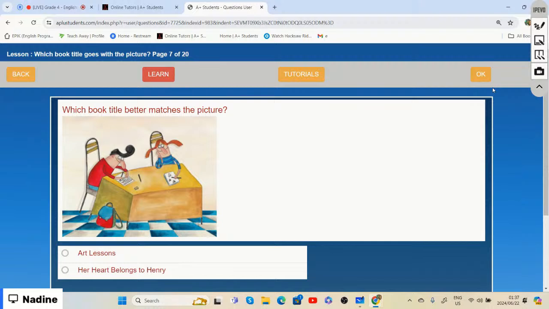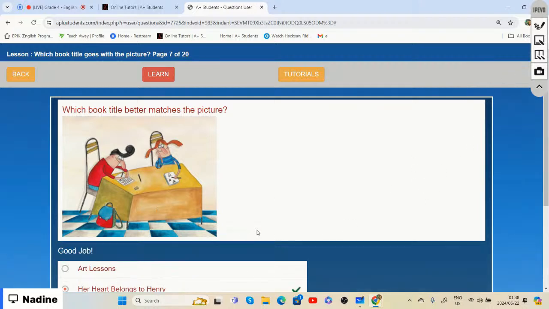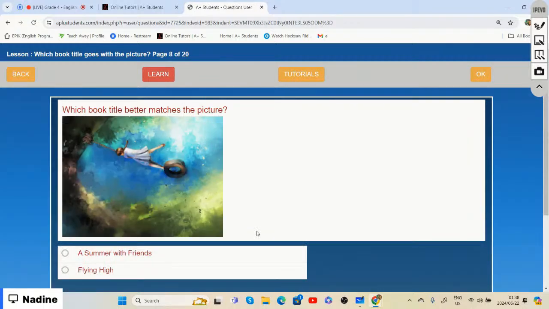He's busy writing or working or something, right? In class. So we can then say Her Heart Belongs to Henry, meaning that she likes Henry. And that is why she is drawing little hearts on the page, right? Even daydreaming, right? She's just in a daze. So our title is Her Heart Belongs to Henry, which is option two.